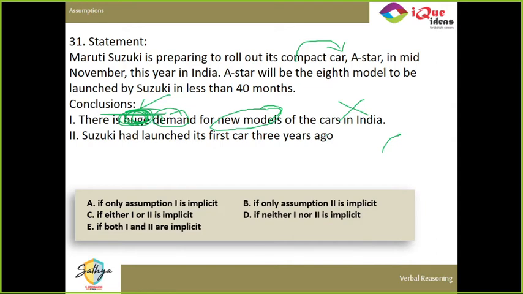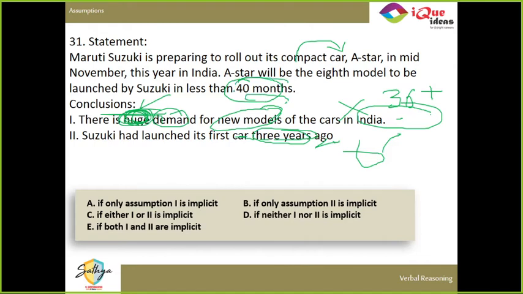B. Can I say that it launched its first cars 3 years ago? Look at it. The 8th model in less than 40 months. 3 years is 36. So 3 years plus is about 40 months, which is about 3 point some years. So can I say it launched its first cars 3 years ago? Because 40 months is more or less 3 point some years.